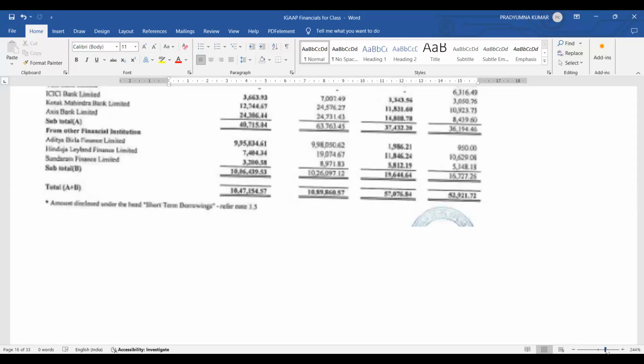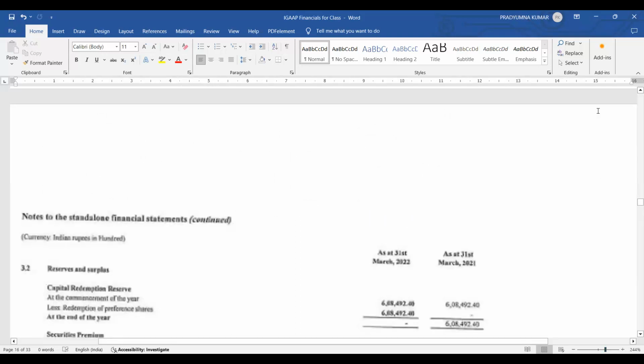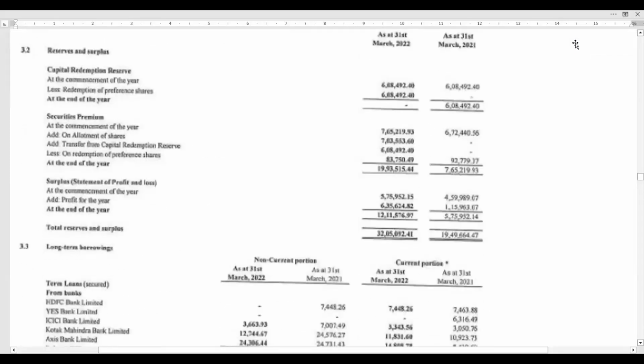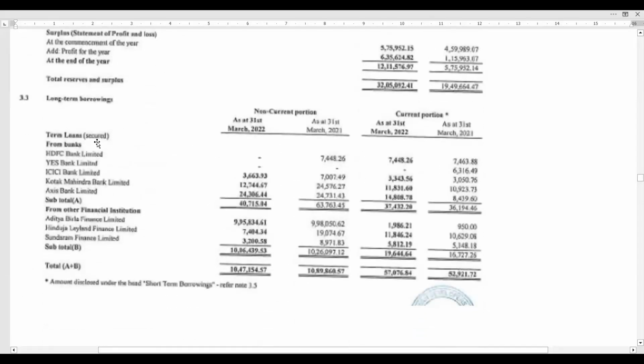I will expand it, so you may not see the numbers clearly. You see here term loans, secured long-term borrowings they have given. They have given here non-current portion, current portion, term loans from banks, from other financial institutions. Total they have given.